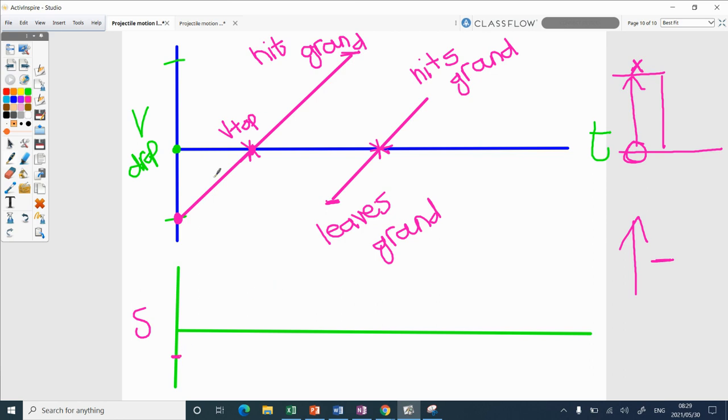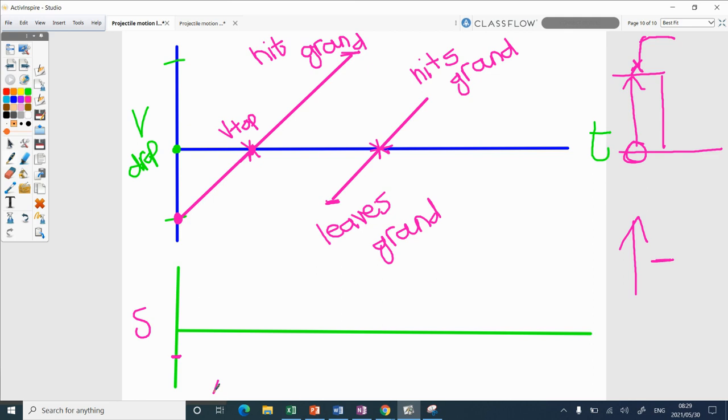So I'm starting there. So now when I throw it up, is it going to go further from the ground or closer to the ground? Further from the ground until it hits the maximum point, hey? And then closer to the ground. So first, don't worry about the lines how to get there yet. We'll look at that now.